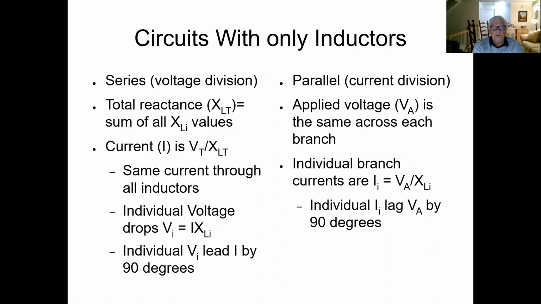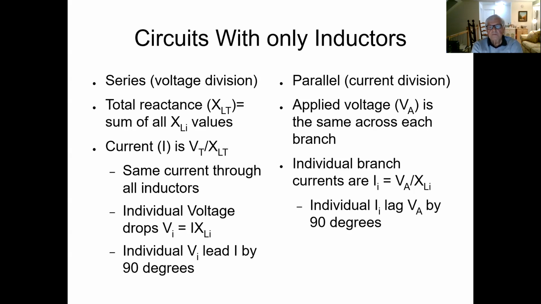The same current runs through all the inductors, and there will be individual voltage drops, just as there are with IR in a DC system, given by I times the individual reactance, and the individual voltage leads the current by 90 degrees.